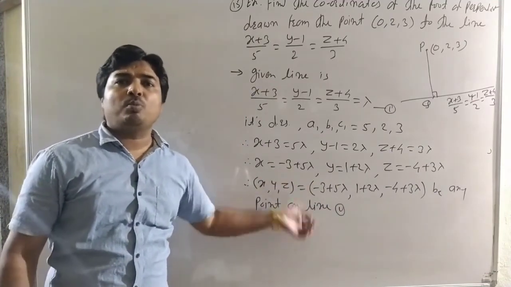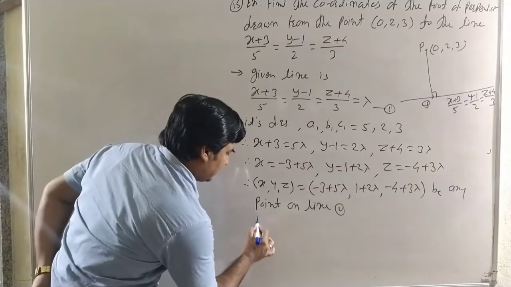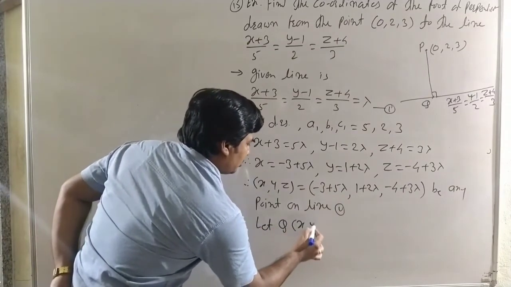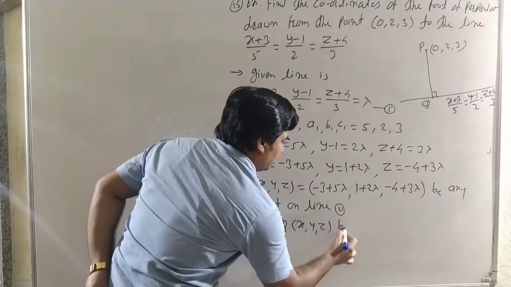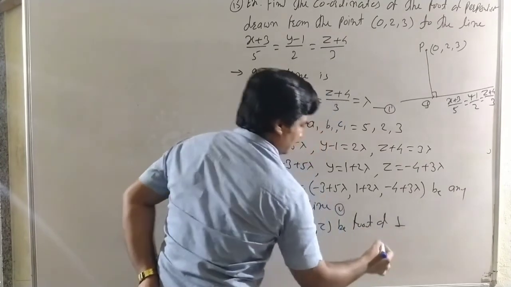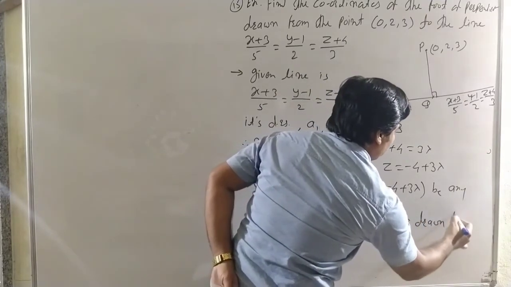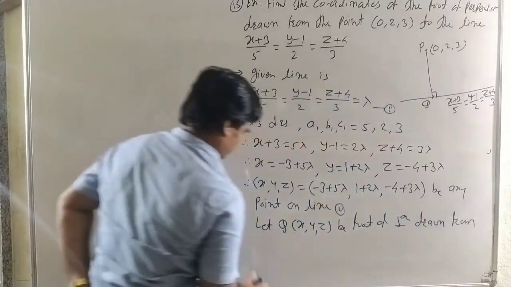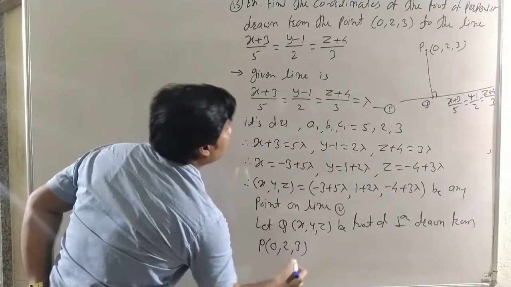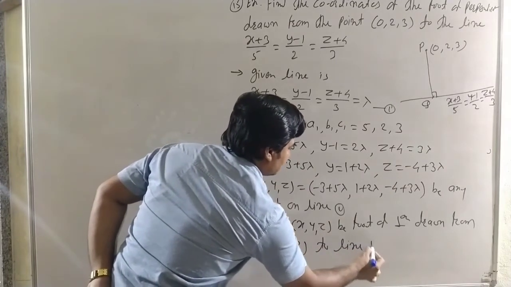We consider it as the foot of perpendicular drawn from the point (0, 2, 3). Let Q(x, y, z) be the foot of perpendicular drawn from P, the given point (0, 2, 3), to line 1.